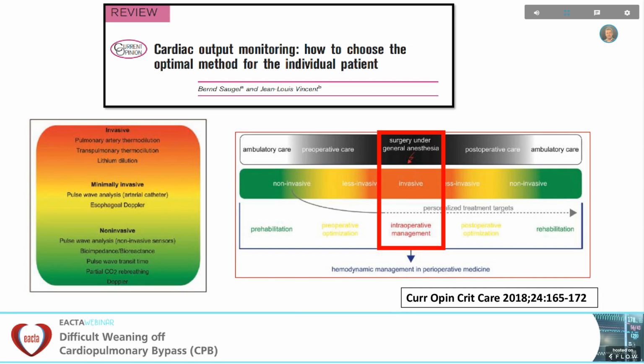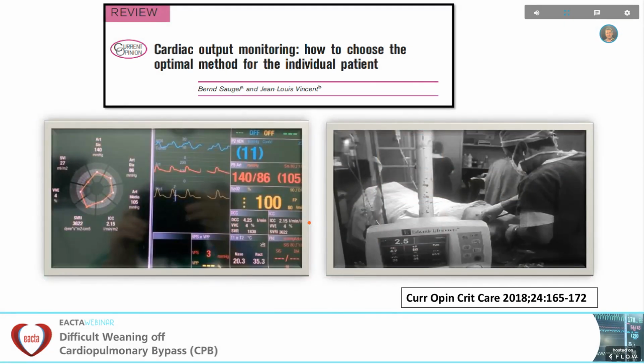We have a place for these catheters too, but in less complex cases. In the last years I have used mostly the Vigileo, by arterial wave analysis, and the PiCCO, and they have some limitations I'm going to stress now.